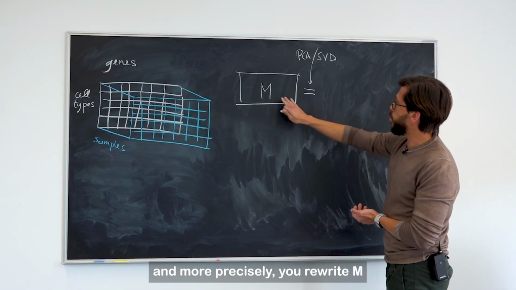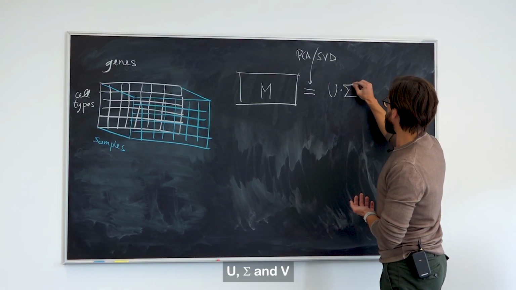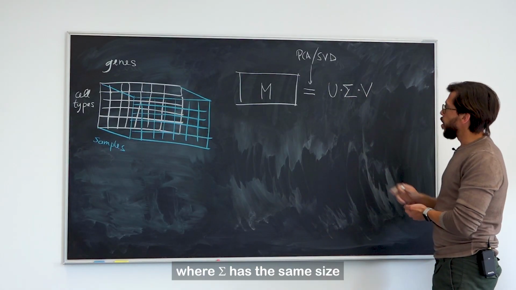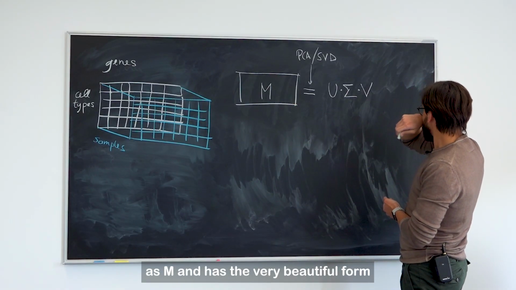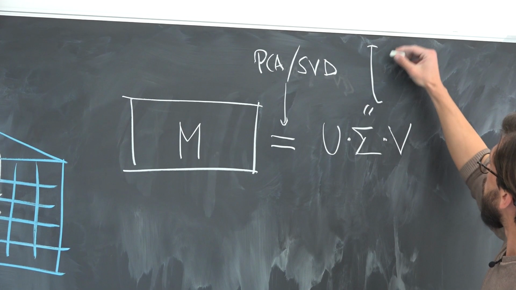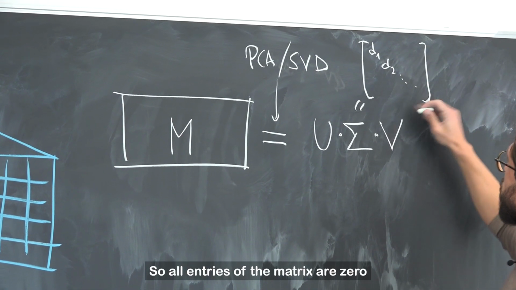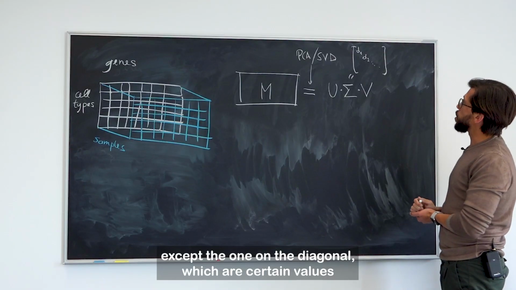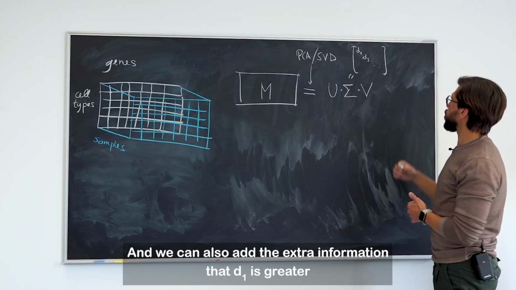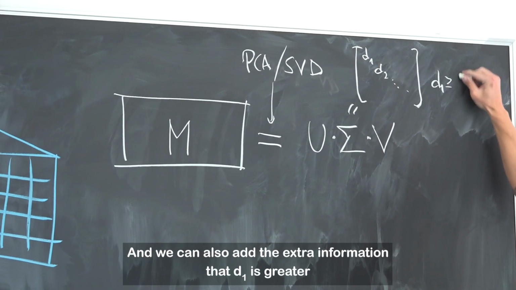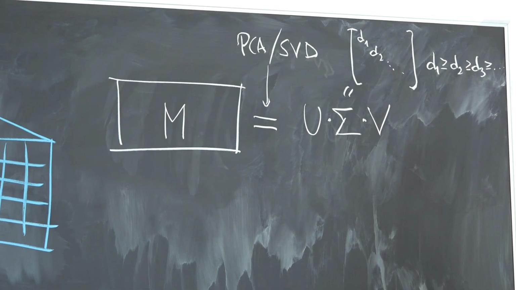More precisely, you rewrite M as the product between three matrices, U, sigma, and V, where sigma has the same size as M, and has the very beautiful form, which is diagonal. So all entries of the matrix are 0 except the ones on the diagonal, which are certain values, d1, d2. And we can also add the extra information that d1 is greater or equal than d2, greater or equal than d3, and so on and so forth.